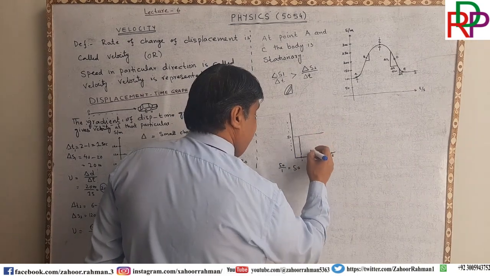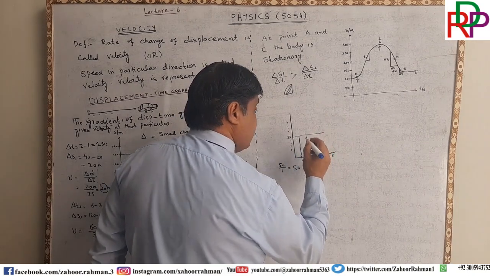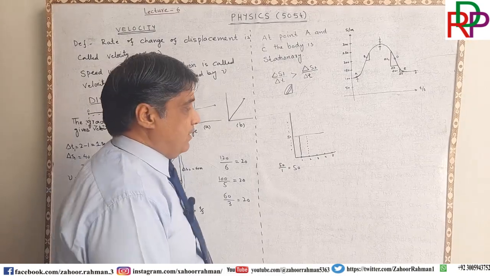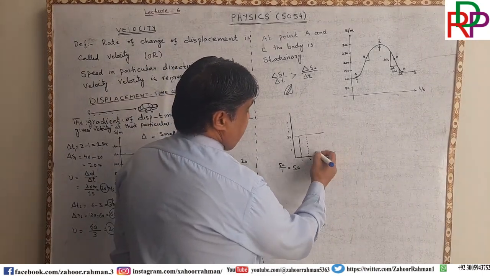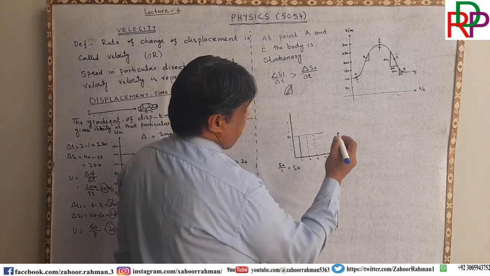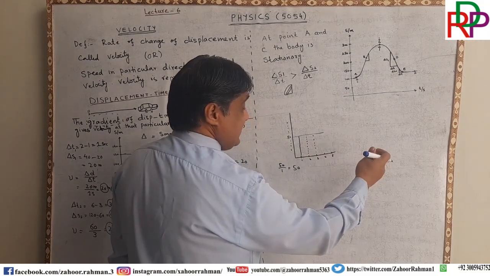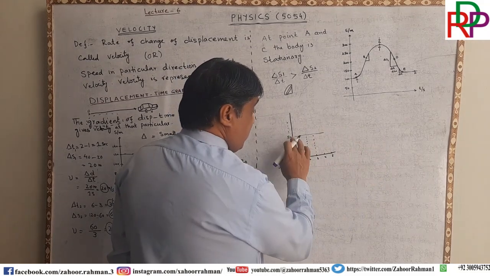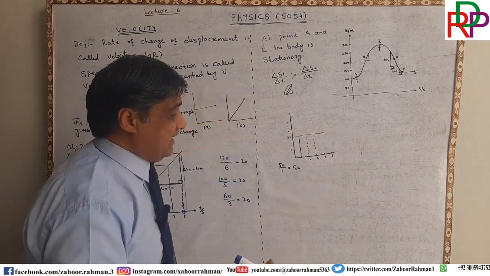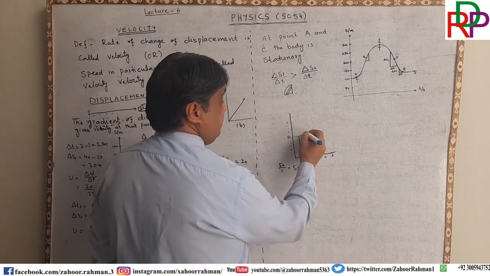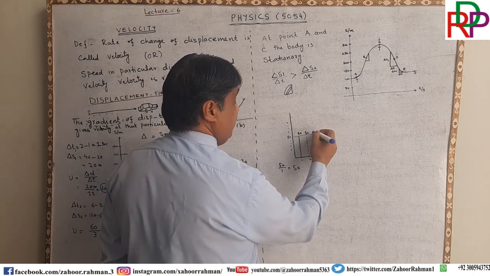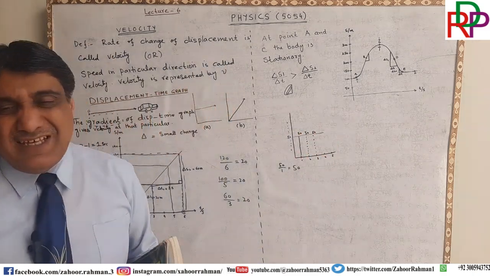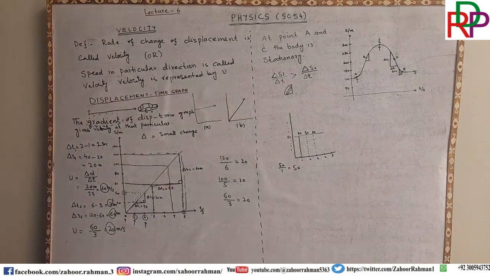Again at interval 2, 50 is not changing. From 3, time is changing, but the displacements are not changing. It is 50 at 1, at 2 and 50. It means that it is constant velocity.